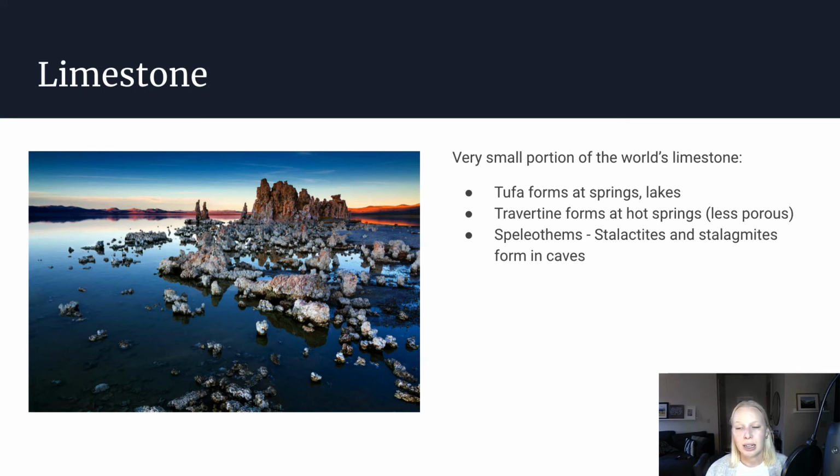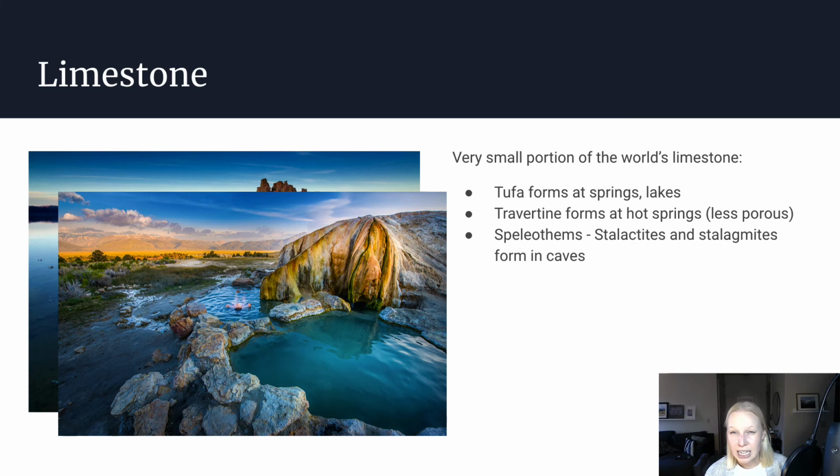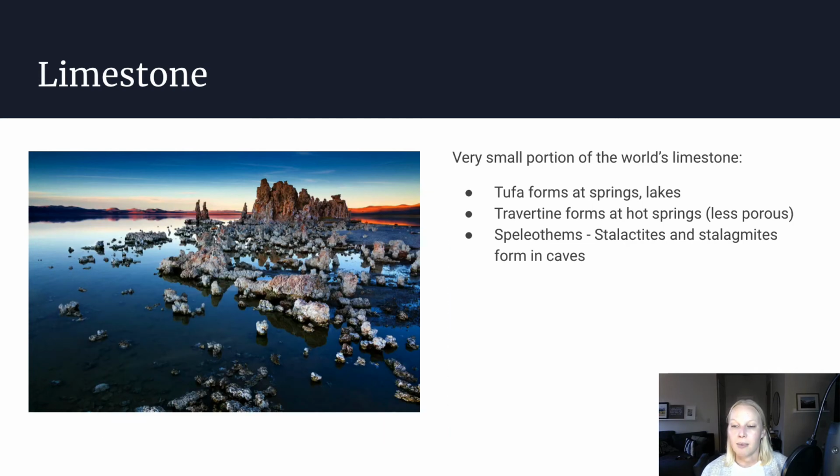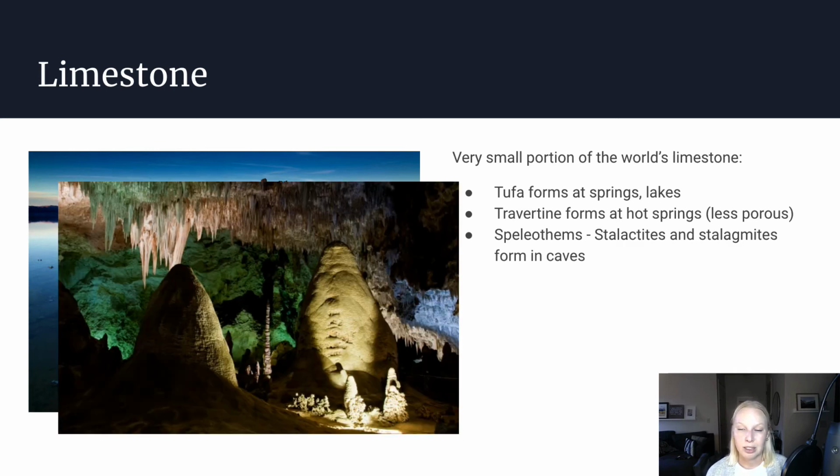We also get limestone forming as travertine in hot springs, and this is sort of a less porous form of tufa. Tufa is pretty porous, but travertine is the type of limestone that forms in hot springs. And then we also have a form of limestone. These forms are called speleothems. I bet you've never heard that word before, but you can use that as your next party trick.